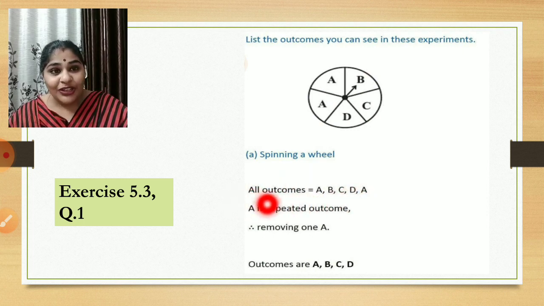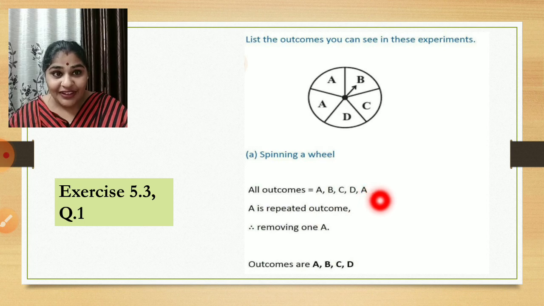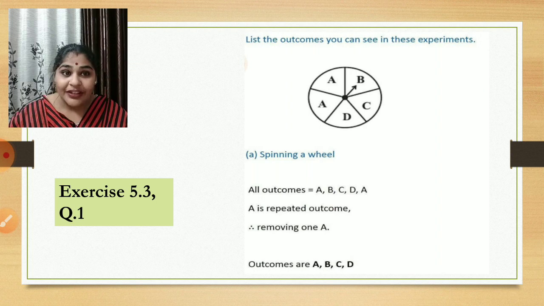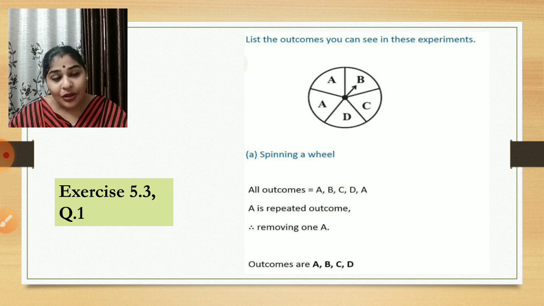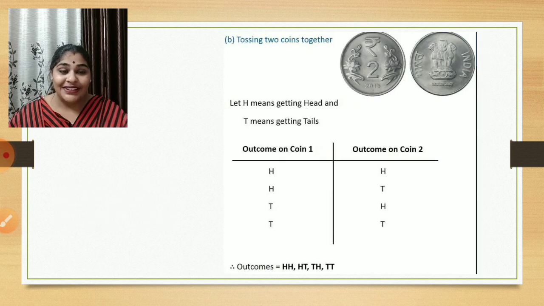All the outcomes are A, B, C, D, A. And A is repeated. So we will remove one A. Okay, we cannot keep it repeated. So removing one A, the outcomes are A, B, C, D. I hope this is clear.